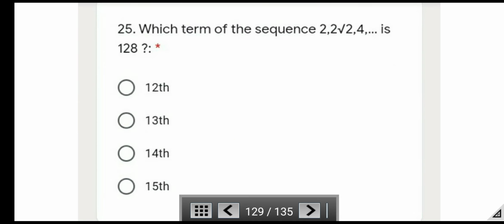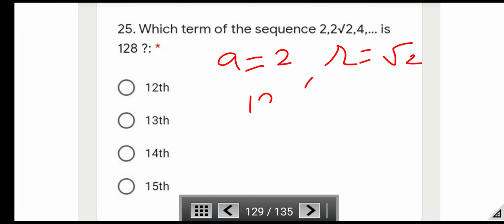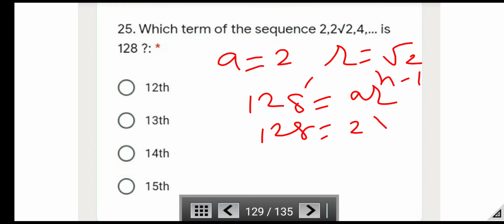Next question. Which term of the sequence 2, 2 under root 2, 4 is 128? This is a very simple question of GP series. First term is A, which is equal to 2, and common ratio is R, which is equal to under root 2. 128 is equal to A R raised to the power n minus 1. 128 is equal to 2 times under root 2 raised to the power n minus 1.